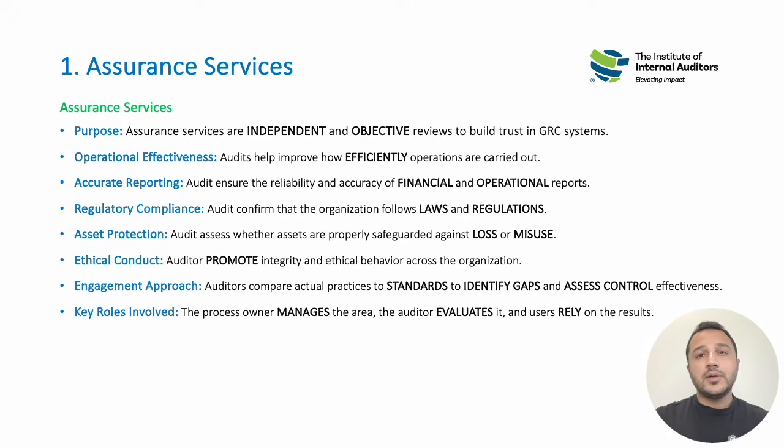One of the other key activities of the internal auditor under the assurance is to ensure the compliance of different stakeholders or processes within the organization with the laws and regulations, and sometimes internal company policies.